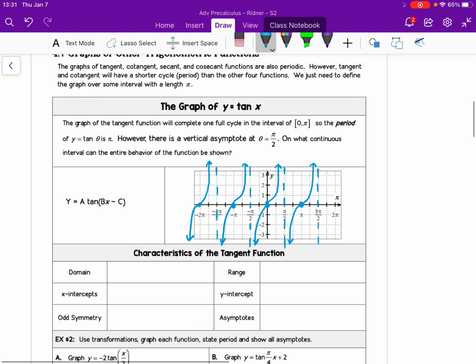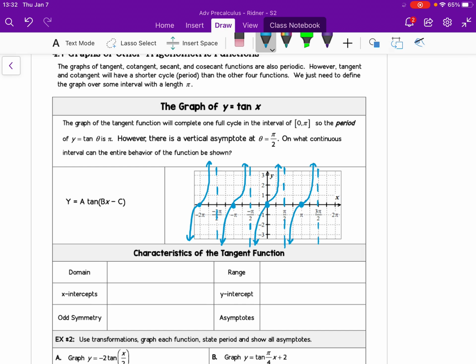Everywhere that was undefined is an asymptote. Now you're saying, hey, the table doesn't have negatives. Well, just think about it going in reverse. Negative pi over 2 is actually 3 pi over 2 in a negative direction on the unit circle. And it always looks like this.